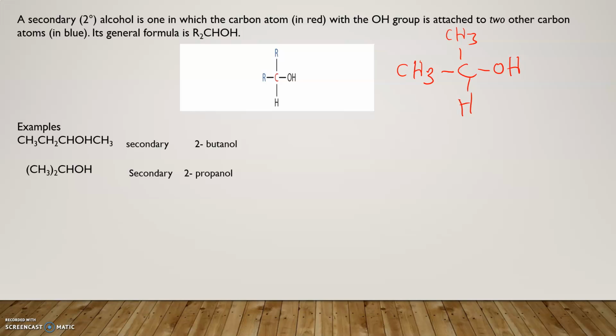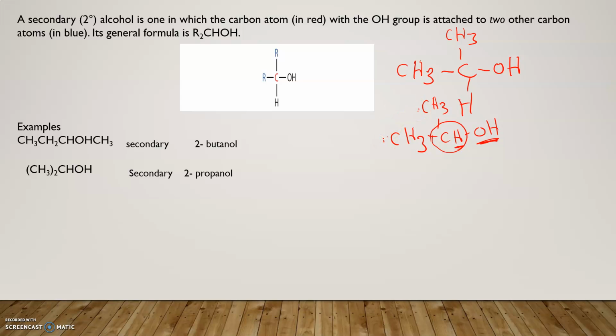In this case, we can also write it like that: CH3, CH, CH3, OH. Look at it again. This we call a secondary alcohol. In a secondary alcohol, the carbon bonding to the OH group has only 1 hydrogen and 2 alkyl groups.